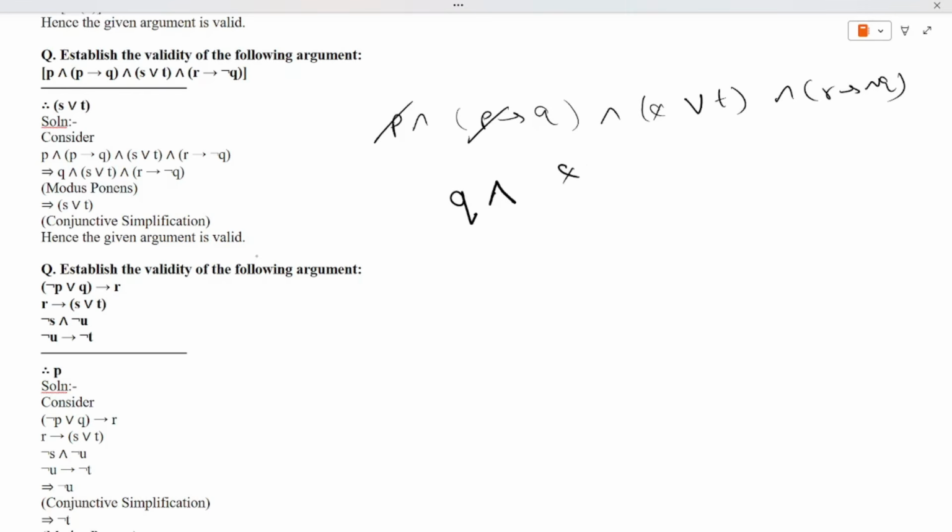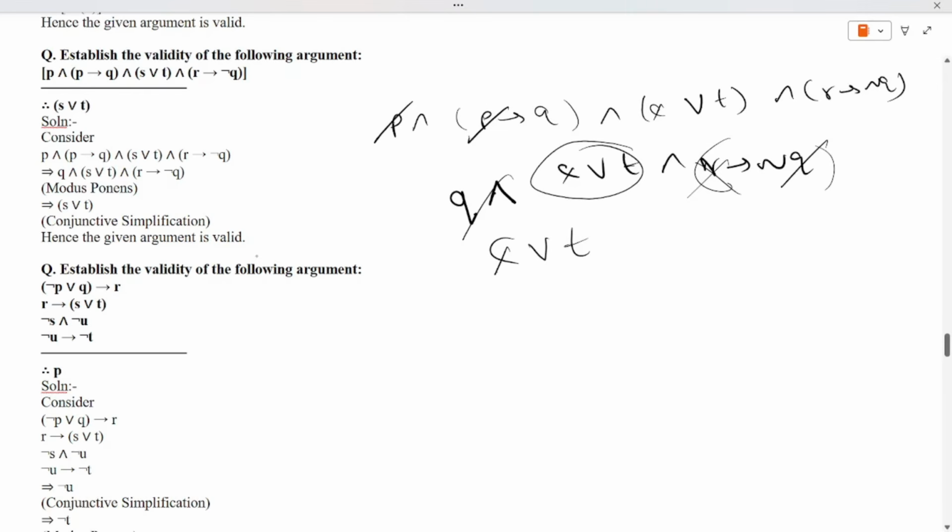Next, S or T and negation R will be as it is. Now Q will get cancelled, and now apply modus tollens, this gets cancelled, meaning in the bracket this is also ignored, and this S or T will be remaining, hence the validity.